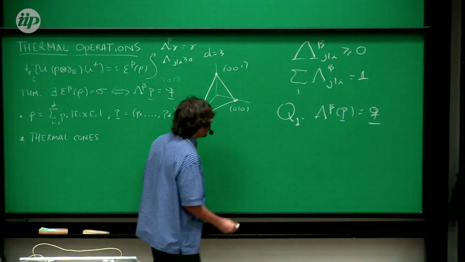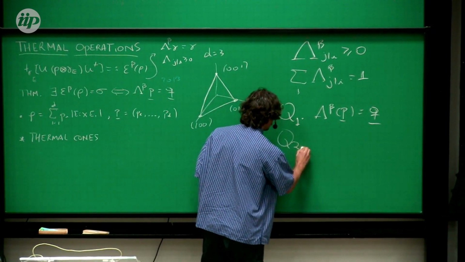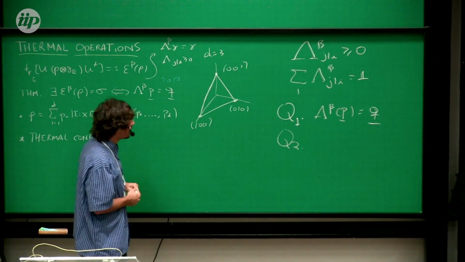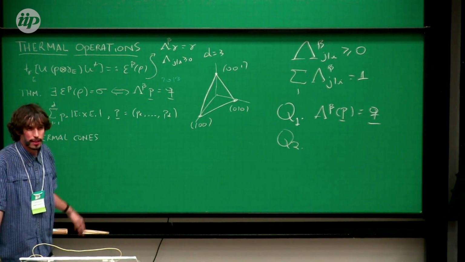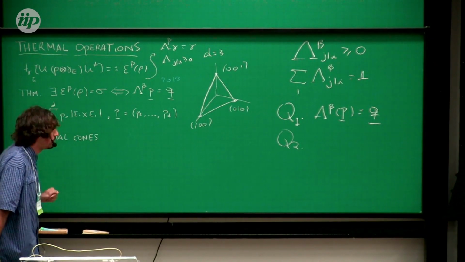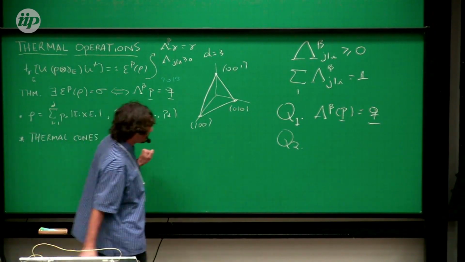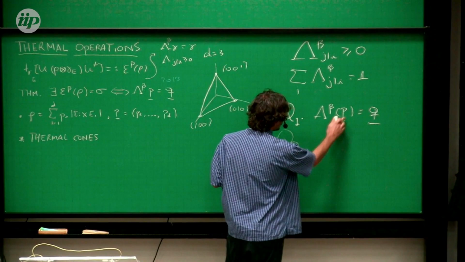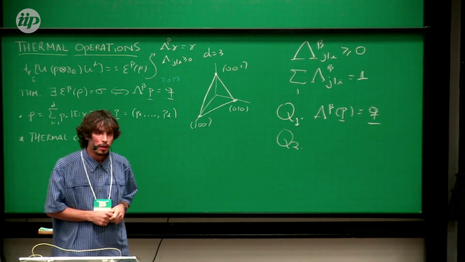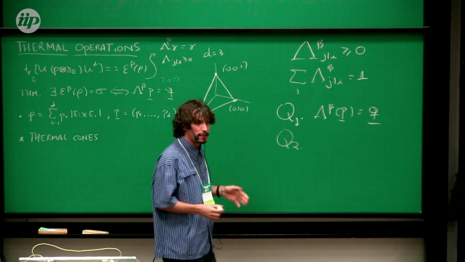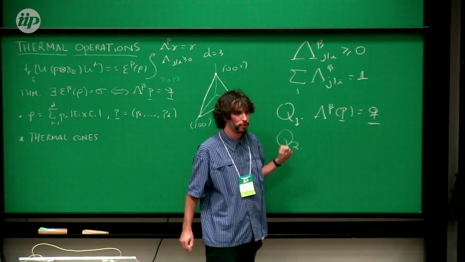And the second question is a bit more general, which has to do with this idea of thermal cones that yesterday some people were confused about. Suppose now that I have my initial state, I have this bath at this inverse temperature beta. Can I construct the set of states that I can achieve from this initial distribution?